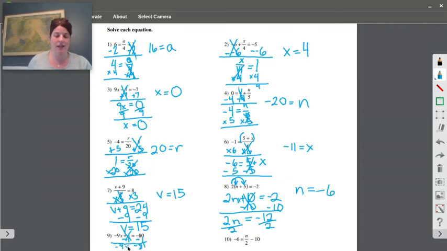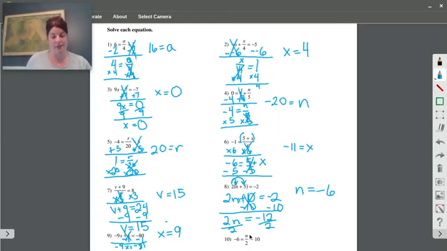We have -9x equals -81. So we're going to divide both sides. I don't have space to write it, but we'll just say we divide both sides. -9x divided by -9 is just x, and -81 divided by -9 is +9. So x equals 9.